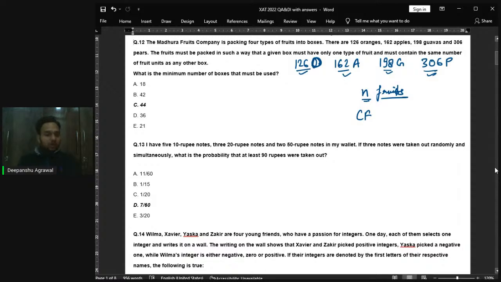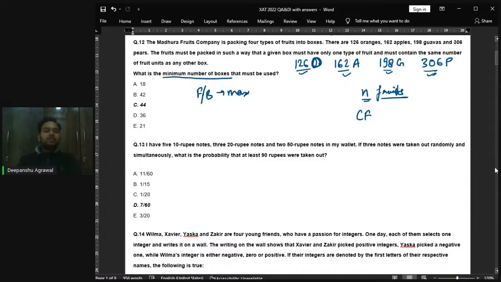Also, we want the minimum number of boxes to be formed. If we want the minimum number of boxes to be formed, then the number of fruits per box should be maximum. That's what we can say. The number of fruits per box should be maximum, right?